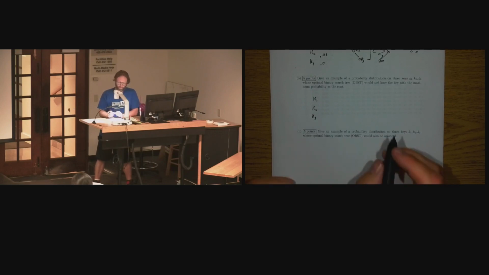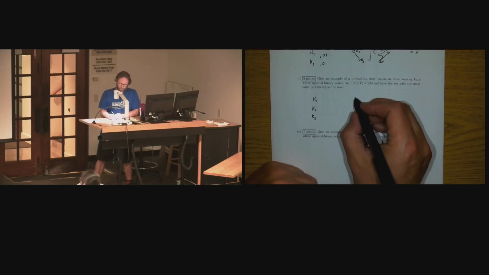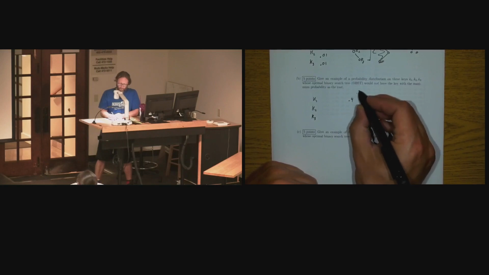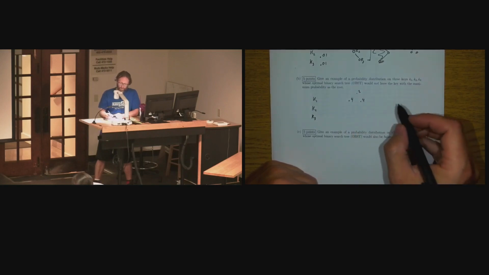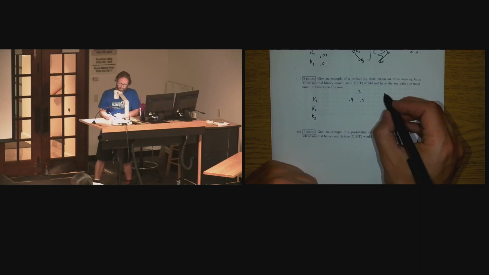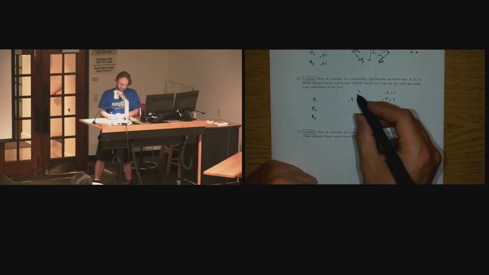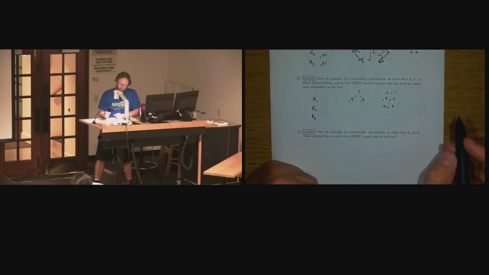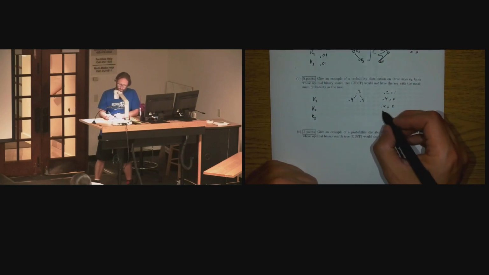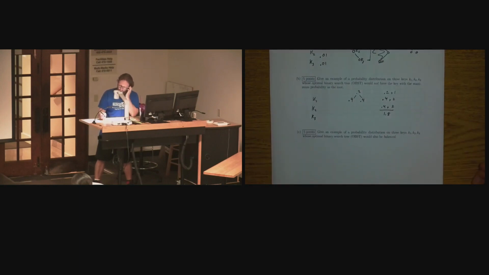Let's see, maybe 0.4, 0.4, and 0.2. Would that do it? Now what's the average number of key comparisons? It's 0.2 plus 0.4 times 2 times 1, 0.4 times 2, 1, 2 over here. This will end up being 0.8, 0.8, so 1.8. Is that right?